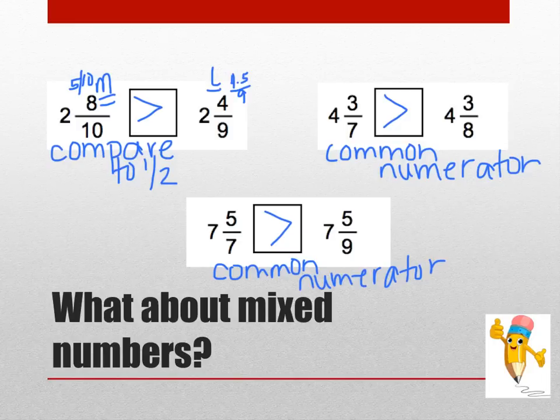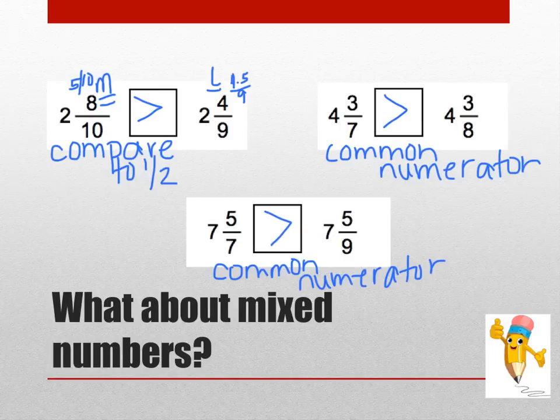For 4 3/7 and 4 3/8, I used common numerator. Again, my whole number was the same, leaving me no help. 3 7th size pieces compared to 3 8th size pieces. 7th size pieces would be larger, making 4 3/7 the larger fraction.